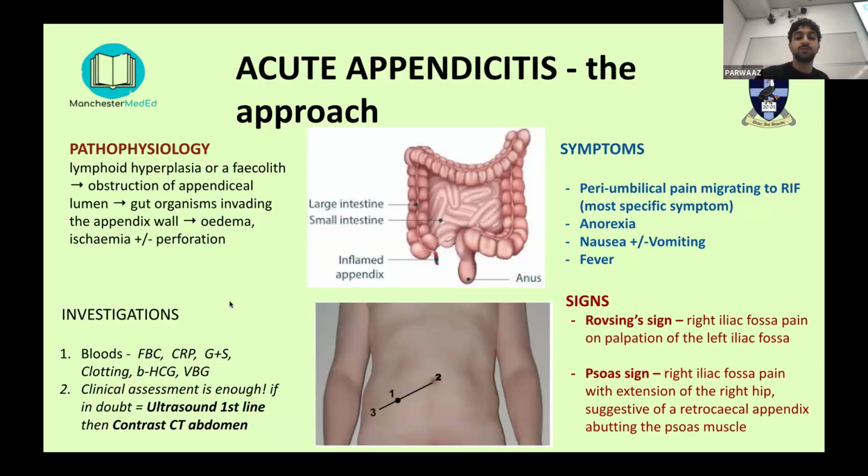But some reasons why would be females coming in with right iliac fossa pain who don't have some other signs of appendicitis, and you want to rule out things like ectopics, ovarian torsion, and ovarian cyst rupture. So sometimes you can do ultrasound, and it's very easy to do in practice for the people that know how to do them at least. And then contrast CT abdomens, rarely done, only if you suspect appendiceal masses or severe perforation.